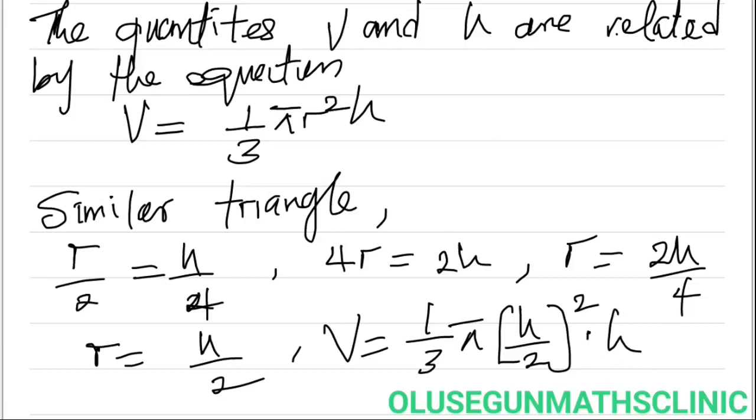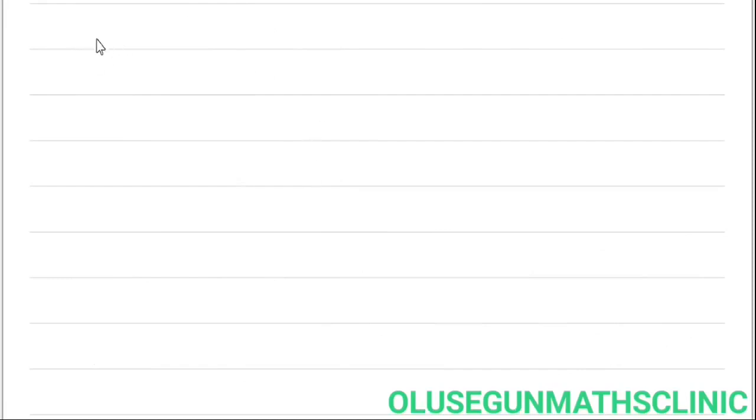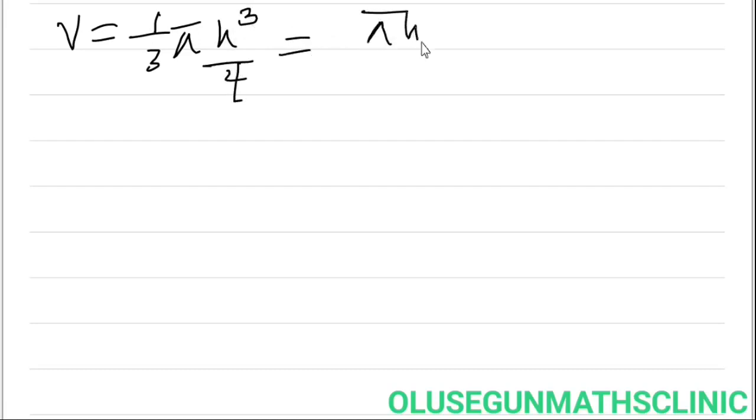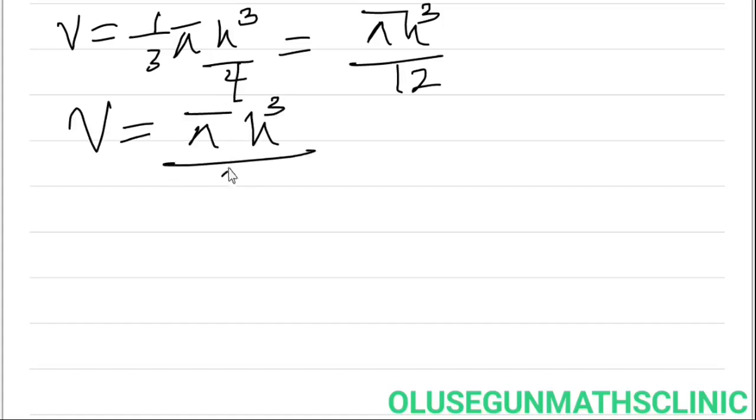So our V will now be 1 over 3 pi h cubed over 4, which is pi h cubed over 12. So V is now pi h cubed over 12.